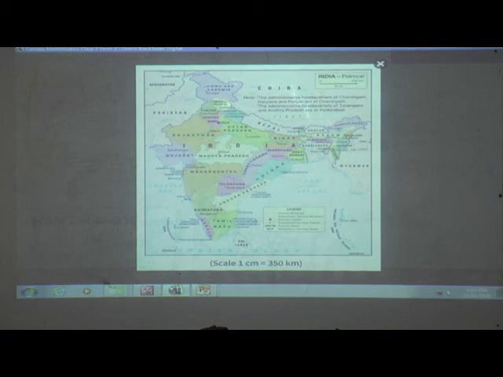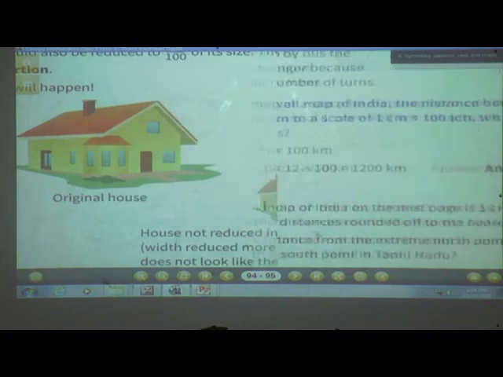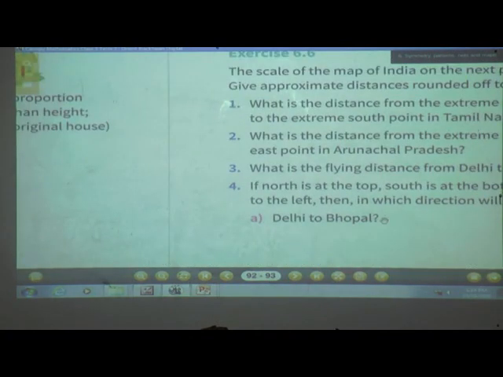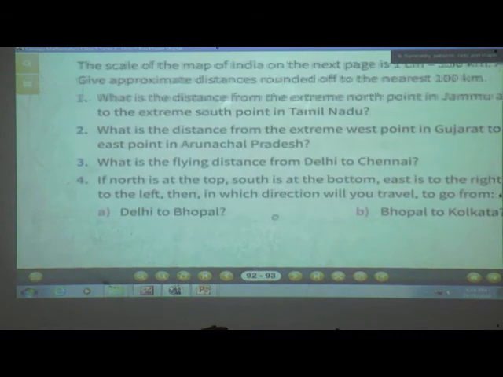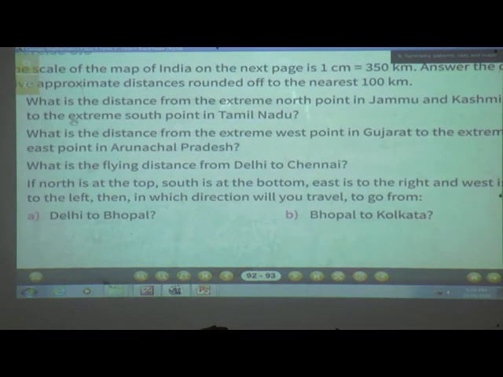So students, here our first question is, see carefully, what is the distance from the extreme north point in Jammu and Kashmir to the extreme south point in Tamil Nadu?